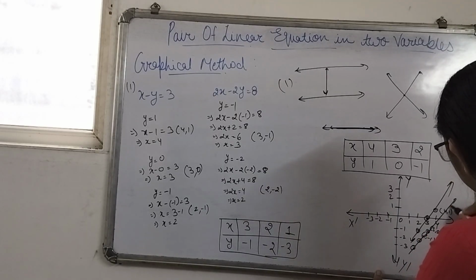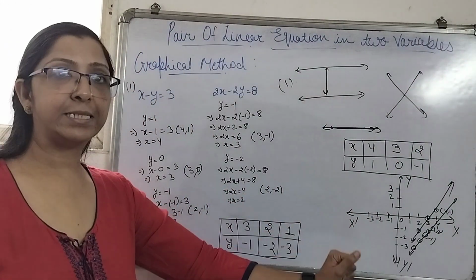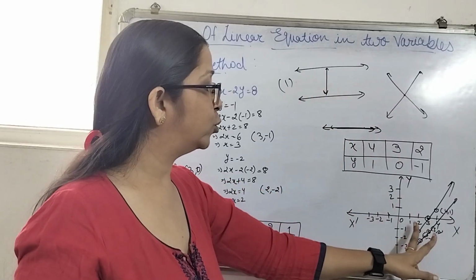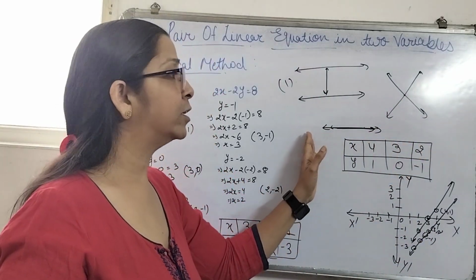If you join this, it will be a straight line which will be parallel to the previous line. So any of these three conditions could be there. Either the two lines will be parallel, or they will be intersecting, or they will be coincident.